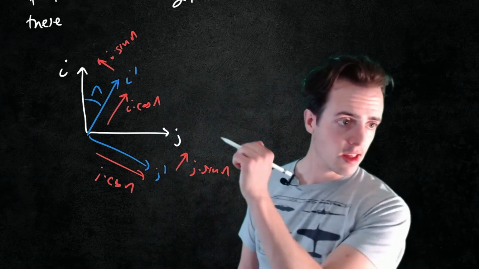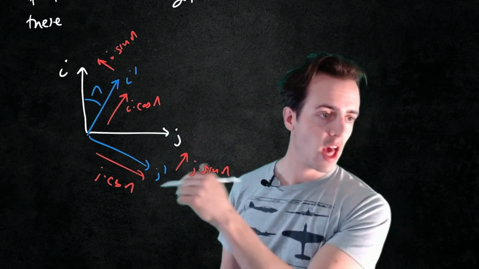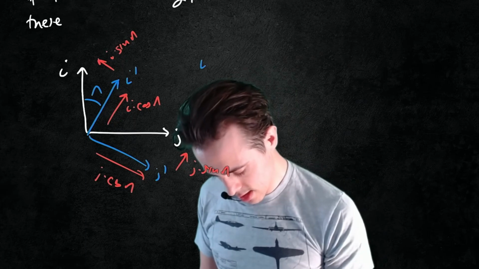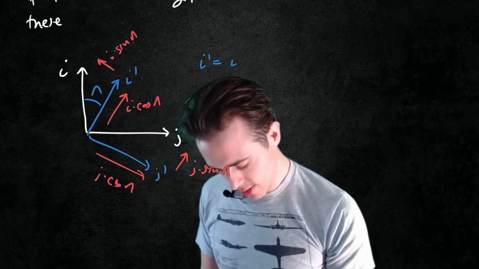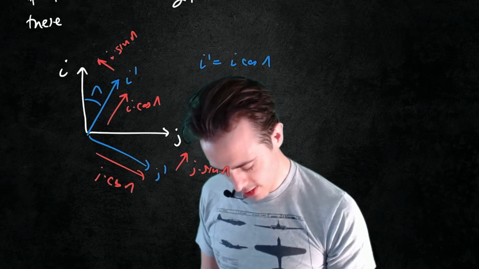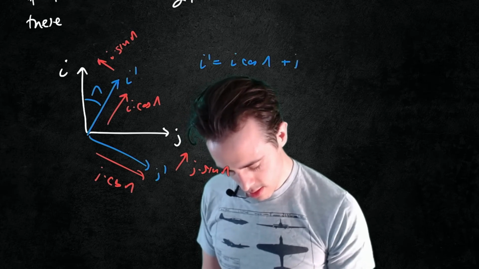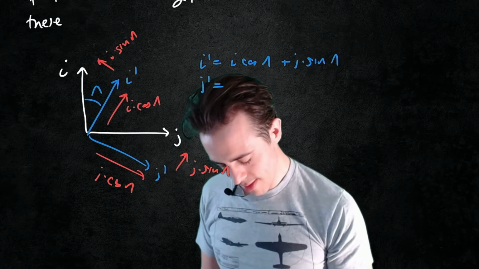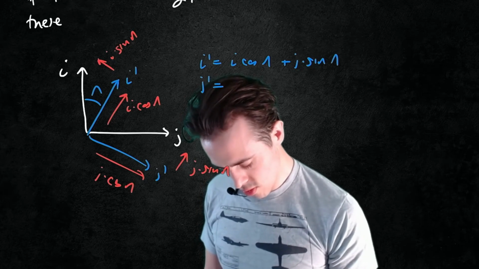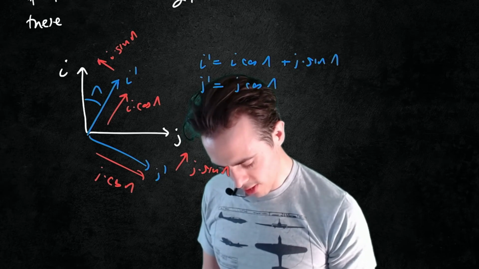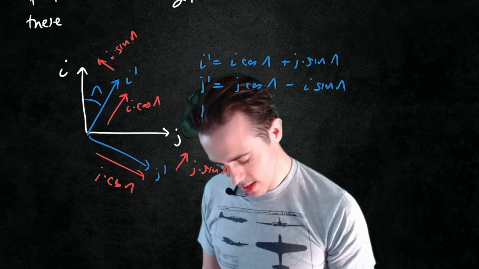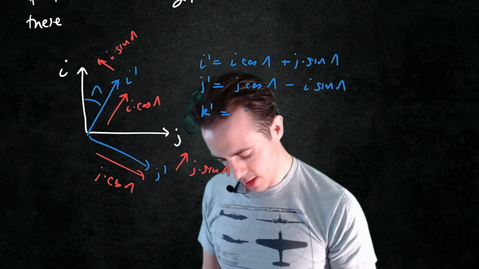I could then write expressions for i prime and j prime in terms of i and j. So I get i prime is equal to i cosine lambda plus j sine lambda. j prime is equal to j cosine lambda minus i sine lambda. k prime is simply equal to k.